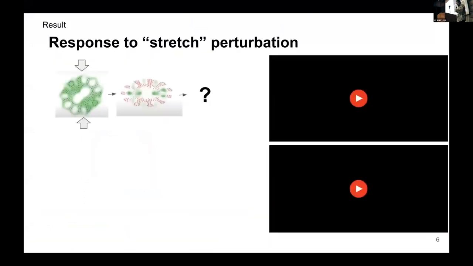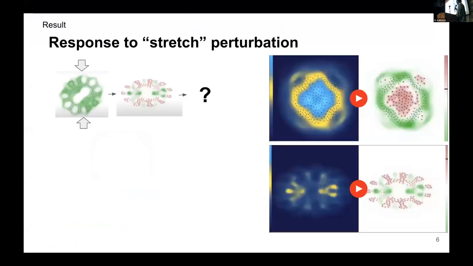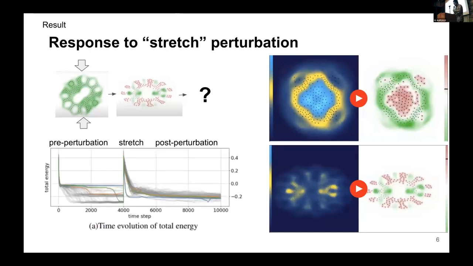We first apply a very simple stretch perturbation. Stretch perturbation means, for example, that this is a stable pattern, and we press this pattern in one direction and see what happens to it. In Particle Lenia, each particle has an energy.